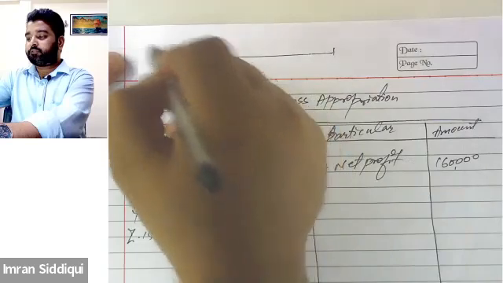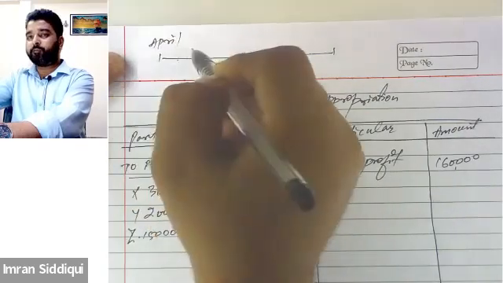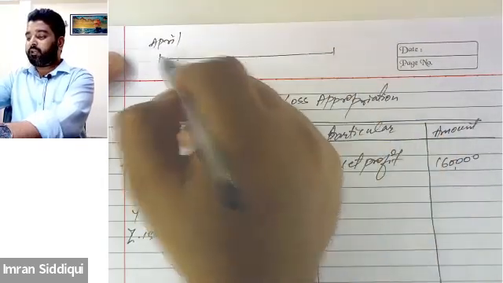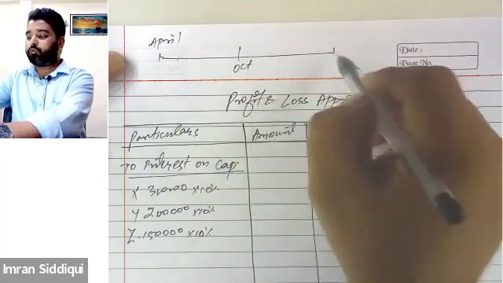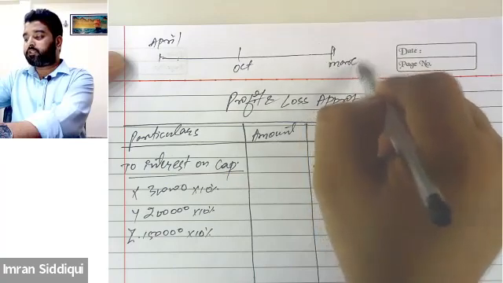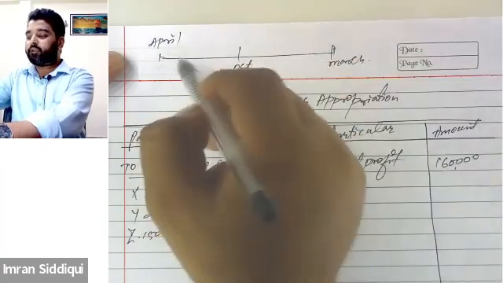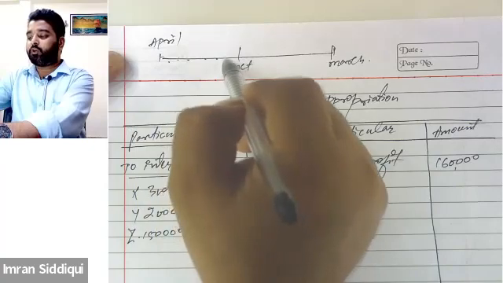They are partners from the month of October, so from October till 31st March they will be paid interest. They won't be paid interest for April, May, June, July, August, September.